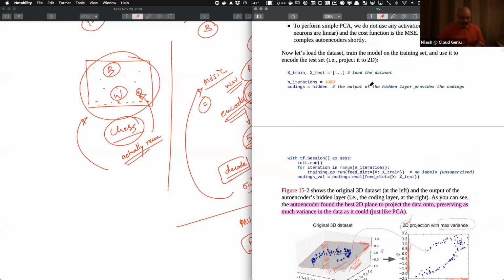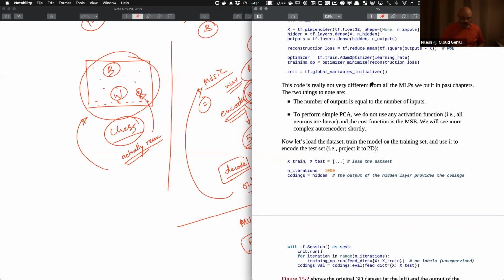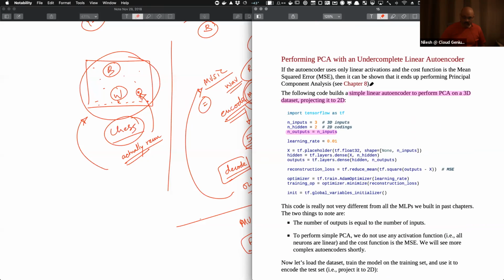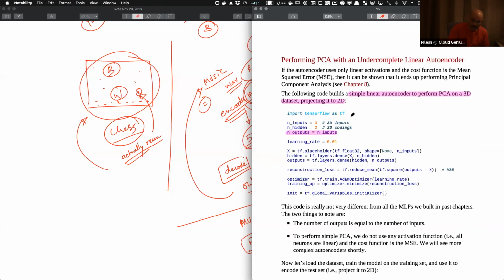You have an example that shows how you would go about calculating. And what we are really looking at here is a simple linear autoencoder, where you provide a 3D input. It gives you codings.